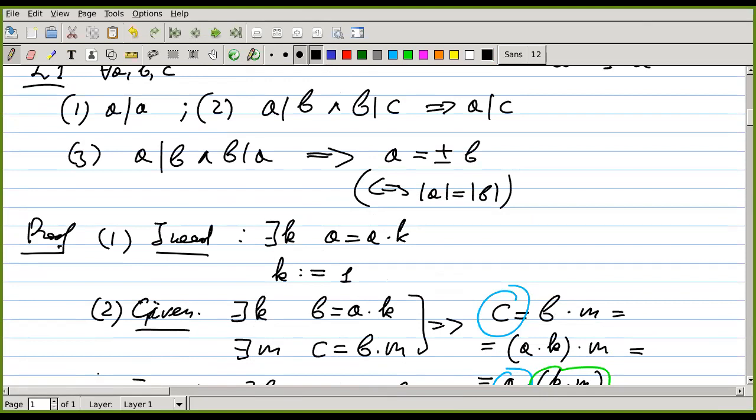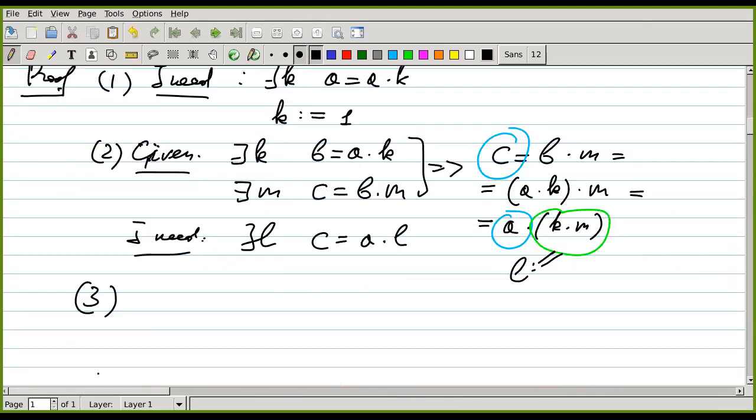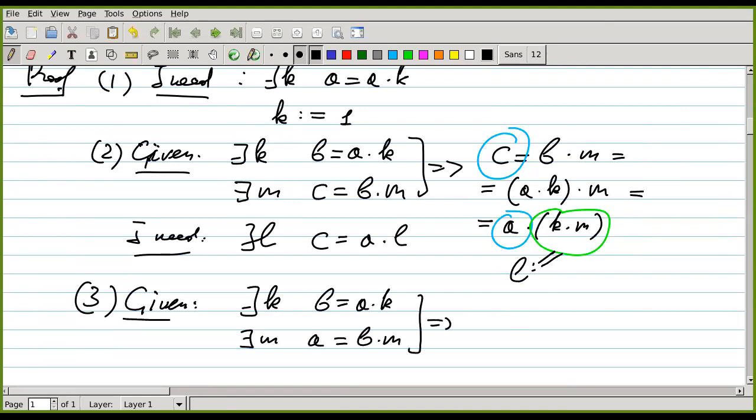The third one is a little bit trickier. A divides B and B divides A. So what's given? It is given that there exists some k so that b equals ak, and for some m, a equals bm. As before, we have that b equals a multiplied by k, then substitute this right hand side.